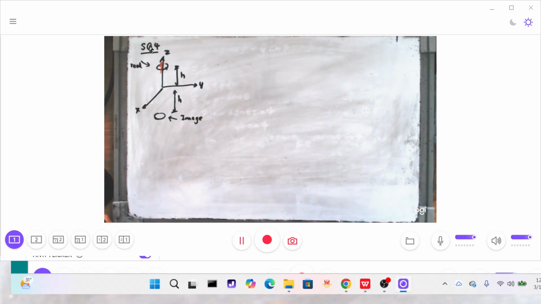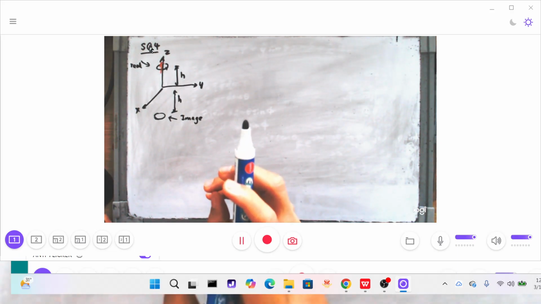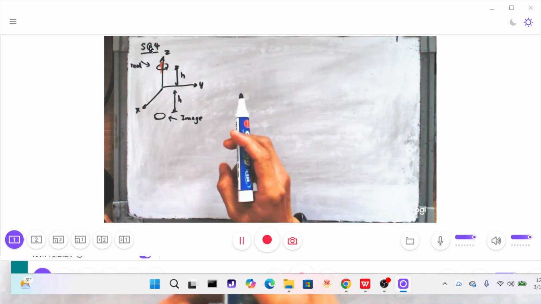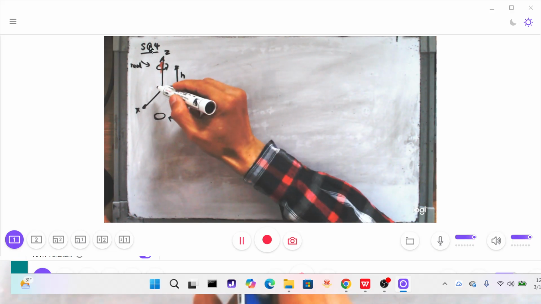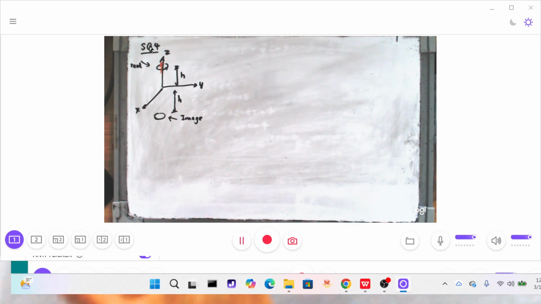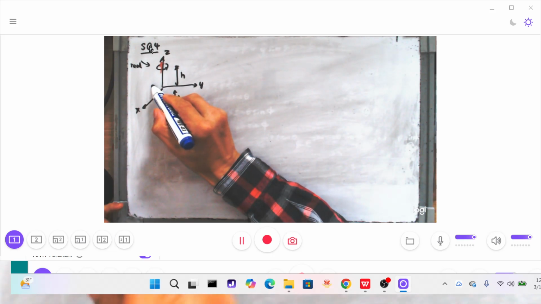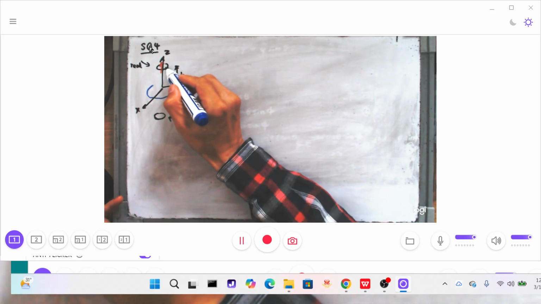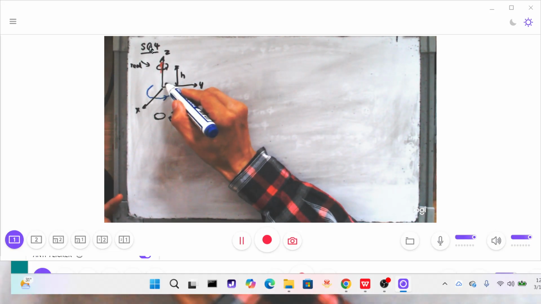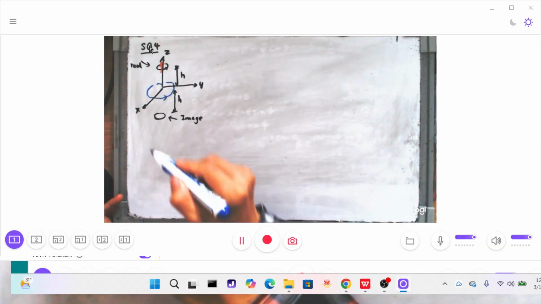And the tangential electric field on the conducting plane has to be zero. So you might end up with an electric field on the ground like this. Because of the current here, you will produce an electric field in the same direction.